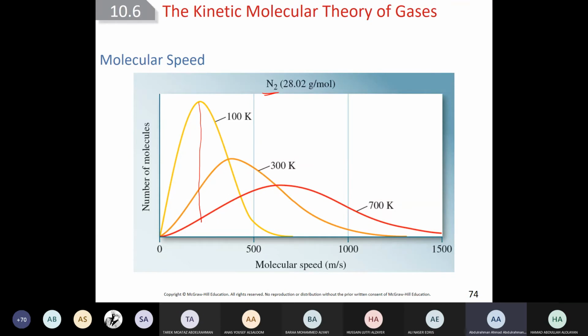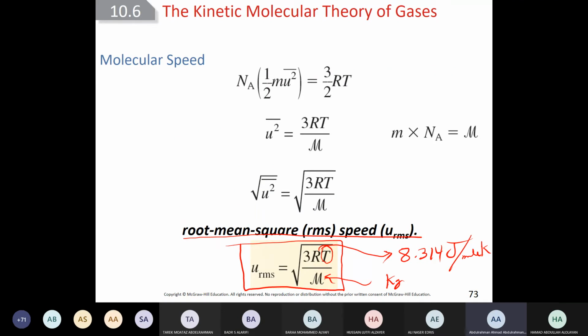This is the average speed, this is the average speed, this is the average speed. Why did it increase? Because the temperature increased. Good. Which is faster, Cl2 gas or N2 gas?